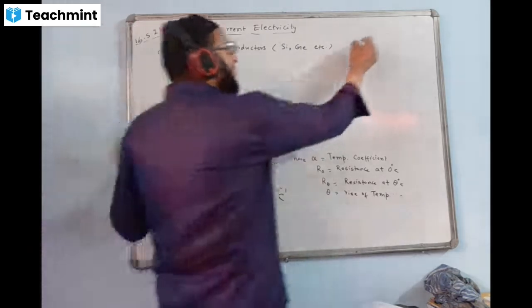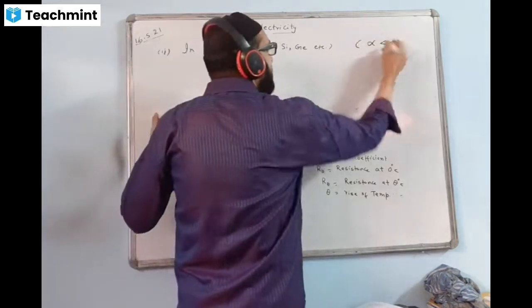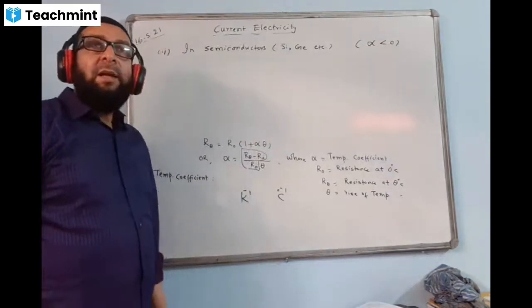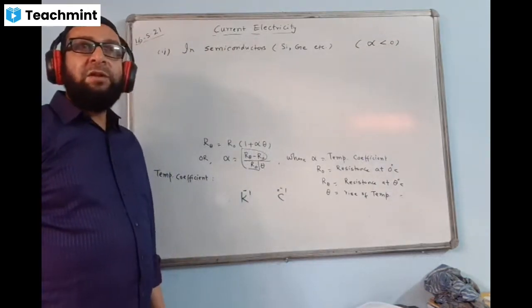That means we write alpha value is less than 0, that is negative. The temperature coefficient is negative. Name a substance with a negative temperature coefficient.